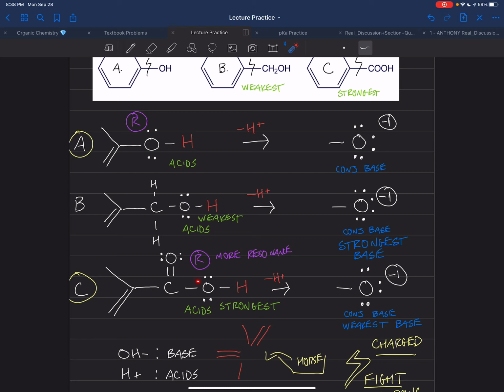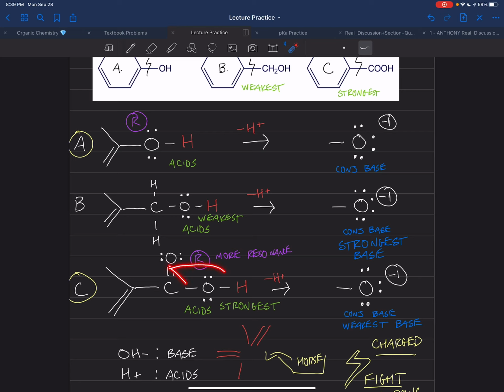But if this pulls electrons towards it, you would think that something negative, well, yeah, I guess this is missing an electron, and this is pulling electrons. So I guess that makes sense. Electronegativity, you're pulling electrons.